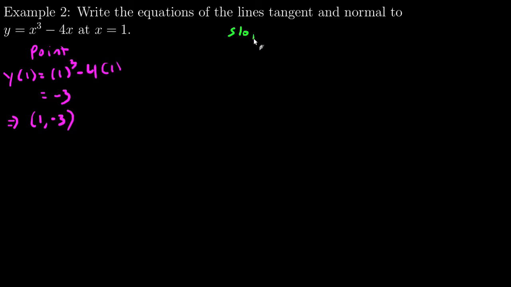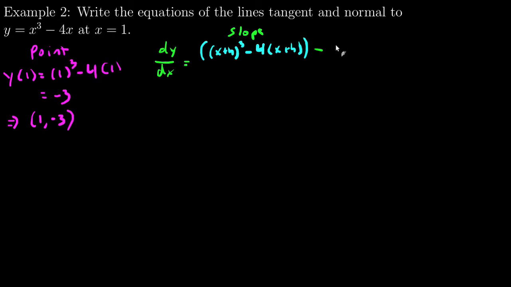And for the slope, I'm going to do pretty much the same thing I did before. So I need to find out what dy dx is. And that's going to be putting x plus h into the function. So I have x plus h cubed minus 4 times x plus h, and simply putting x in.